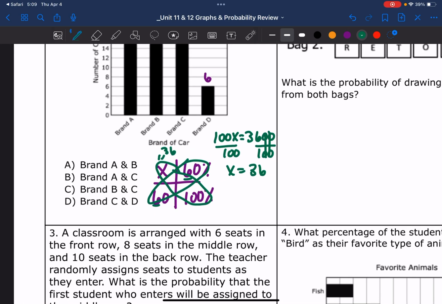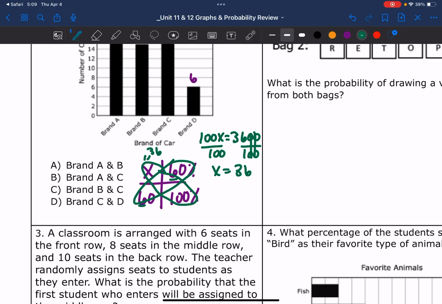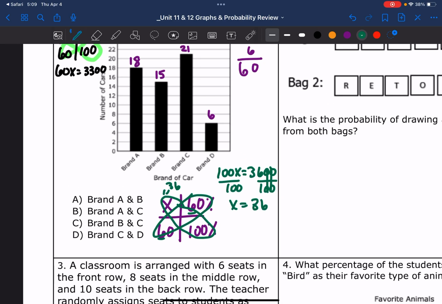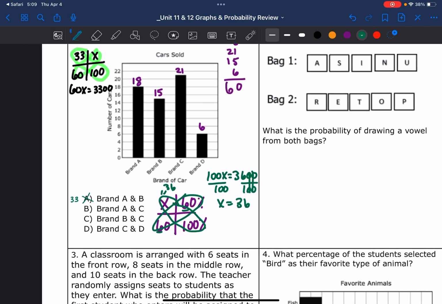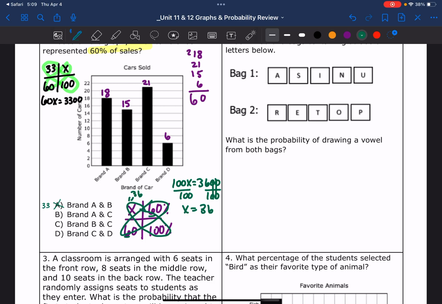Now I can come over here to all of the brand answer choices. And what I'm going to do is I'm going to add them. I already know that brand A and brand B is 33 because I just did that, right? That means that that is not the correct answer because we need it to be 36. Let's look at brand A and brand C. Okay, so brand A and brand C is going to be 18 plus 21.